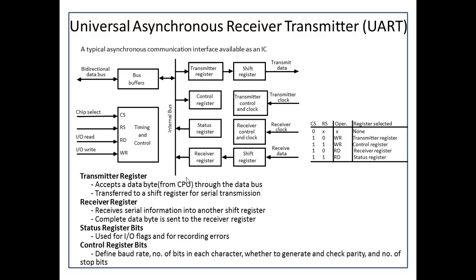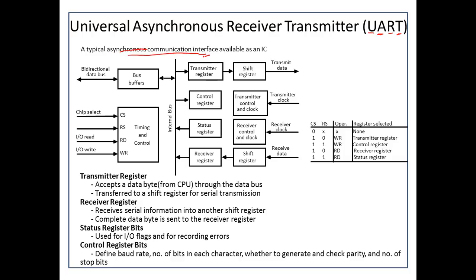And now this is the last part of this entire session, which is the universal asynchronous receiver transmitter. It is also known as UART. Okay, just the name, universal asynchronous receiver and transmitter. So what happens? This diagram is depicting a typical asynchronous communication interface.